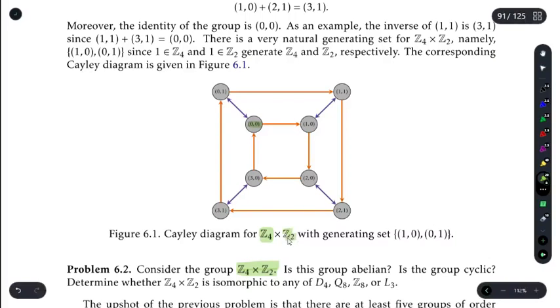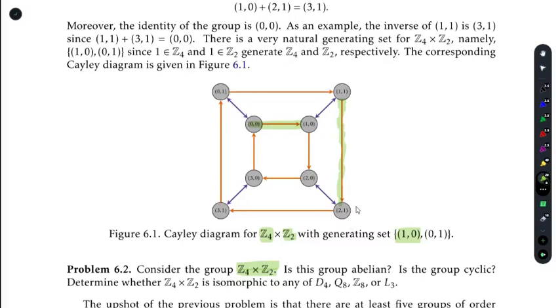And the stuff in Z2, well, that's just 0 and 1. So the only things that you'll see in the second component are just 0 and 1. And so you'll see when we take (1,0), that apparently is the orange arrow, because that's how we get from the identity to (1,0). And so to take (1,1) plus (1,0) gives me (2,1). I just do the 1 plus the 1 and the 1 plus the 0 in each of the individual components.